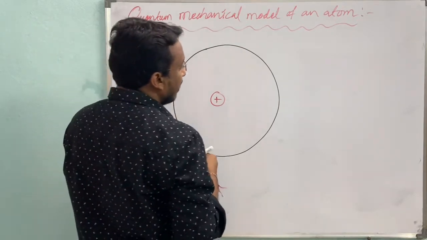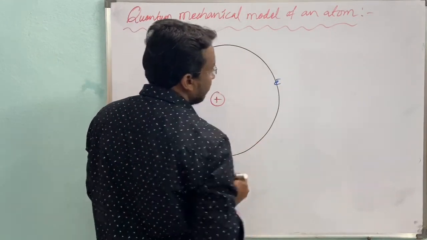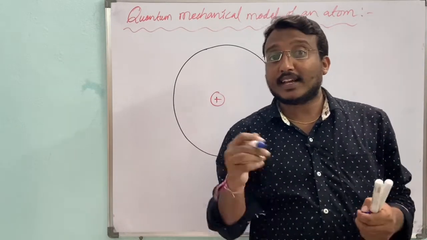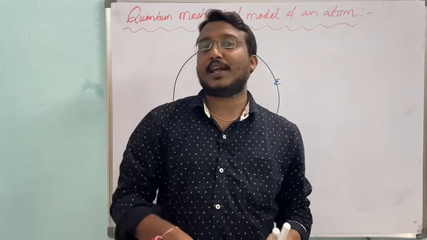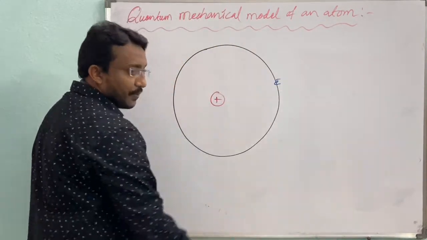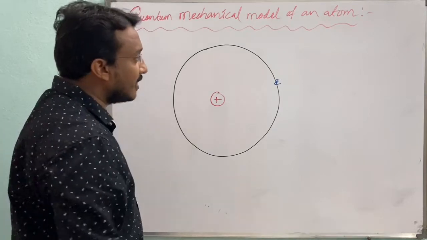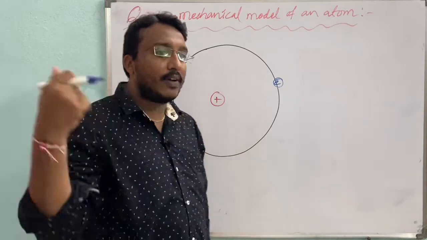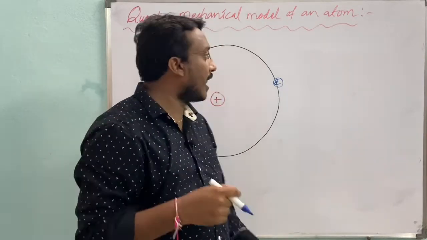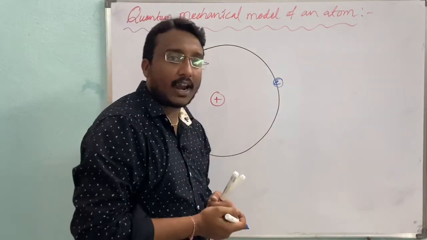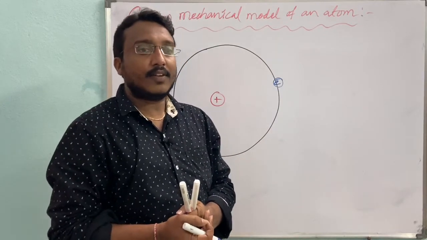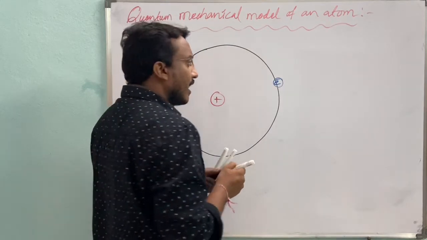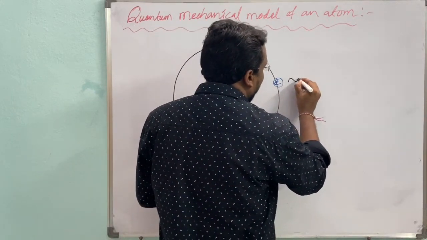An atom is the smallest particle, and the electron is a subatomic particle, so it is very small. Like how we search for objects in a dark room with a torchlight, to find the electron in an atom we have to use a smaller wavelength of light.